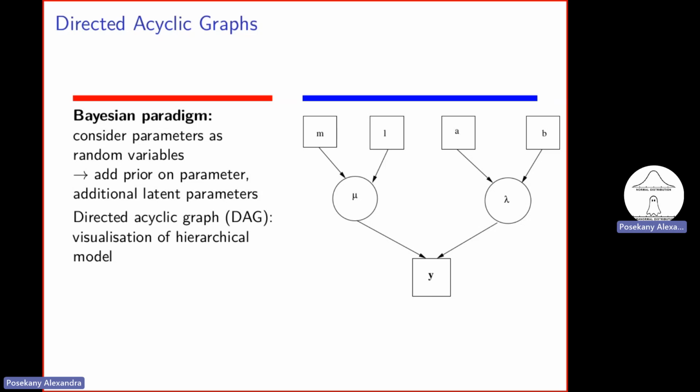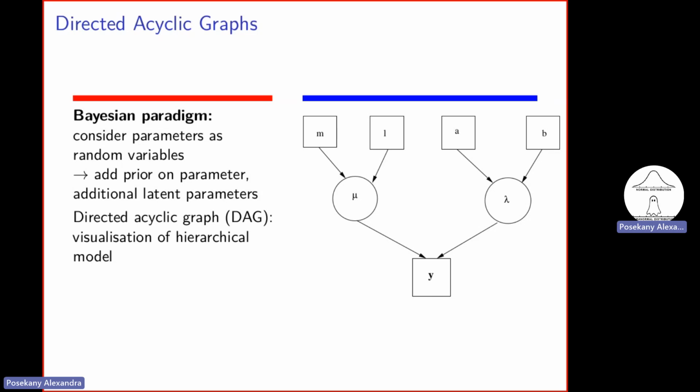This is the likelihood. We want to learn about its precision, lambda, and this precision lambda itself has a gamma distribution with parameters A and B, as we were discussing yesterday. So this is where we start out.